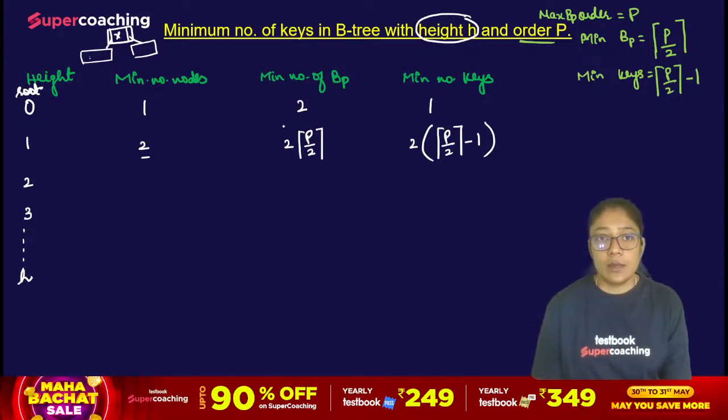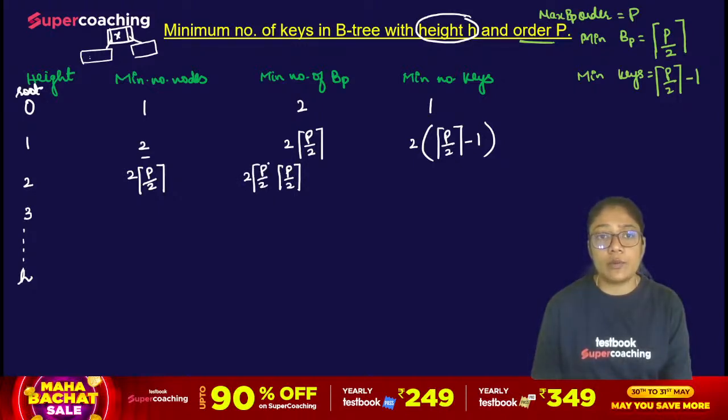So at the next level there will be 2. The number of block pointers at the next level becomes the number of nodes. In each node the number of block pointers is p by 2, and the number of nodes is 2 into p by 2.